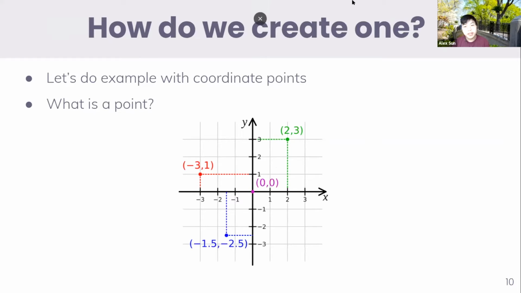So how do we create one? This is a very simple example. Can someone tell me what we are looking at? It's kind of an easy question, but one of you should tell me what I'm looking at. Yeah, some random points.